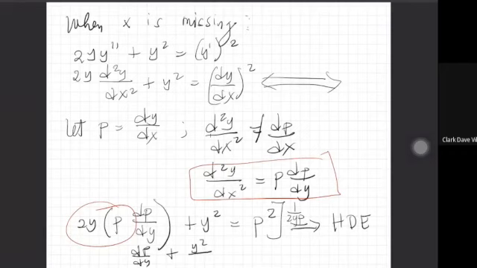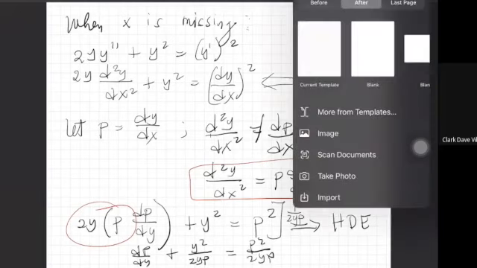So definitely that's your q of y. It should be transposed to the other side in the next line. So this is 2yp equals, you have p squared over 2yp. Simplifying that, okay, let's go to the next.